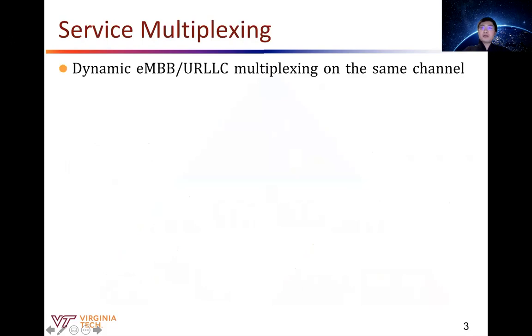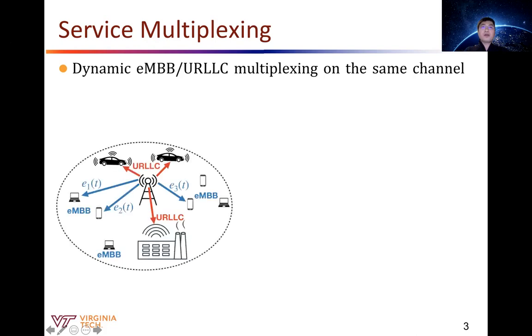In 5G NR, a major technical challenge is to dynamically multiplex different service types over the same frequency spectrum. In this paper, we focus on the co-channel multiplexing of eMBB and URLLC. Imagine a 5G cell that serves a number of eMBB and URLLC users on the same channel.